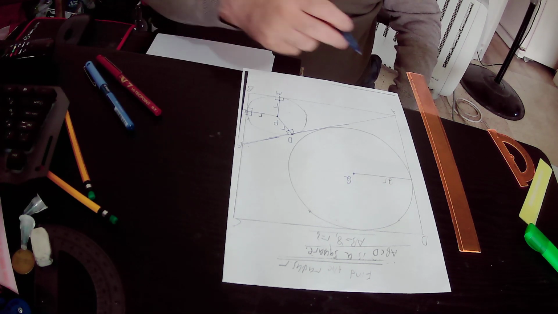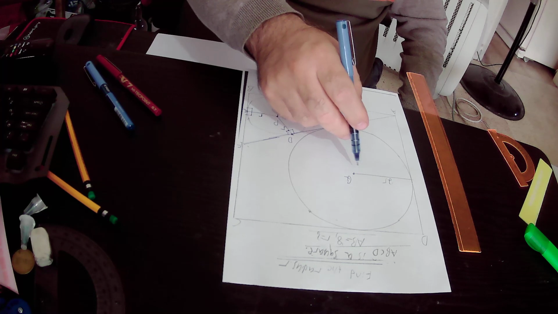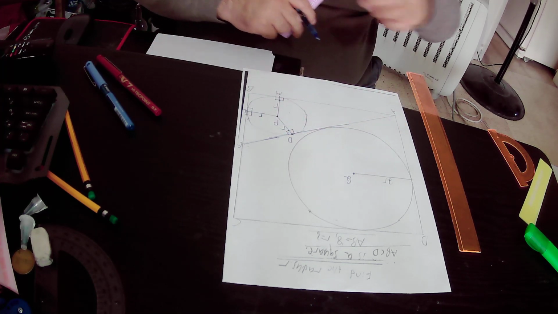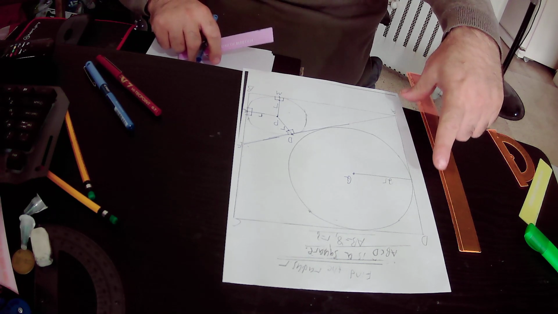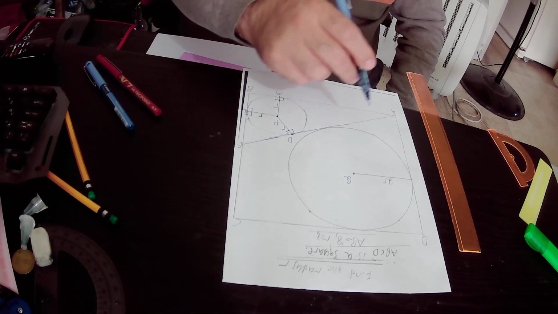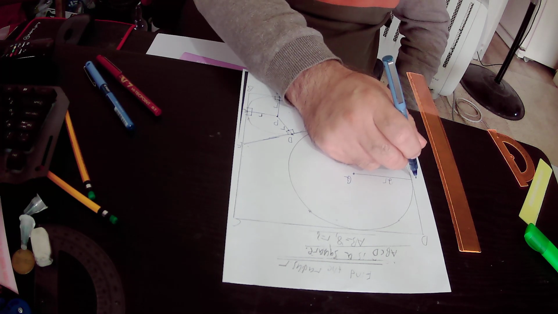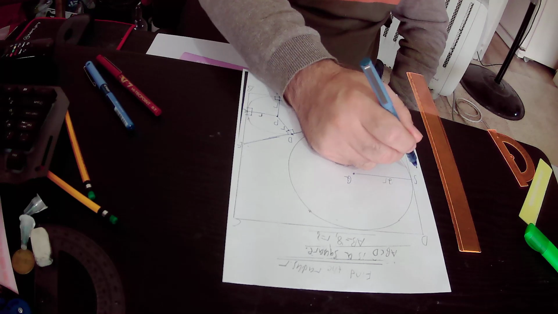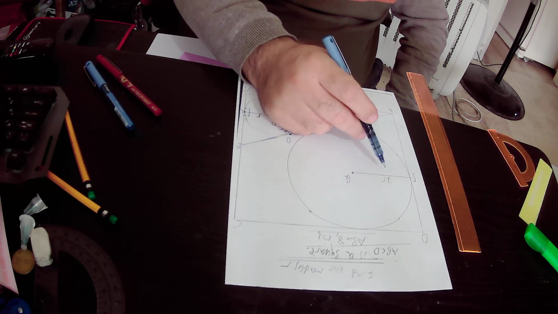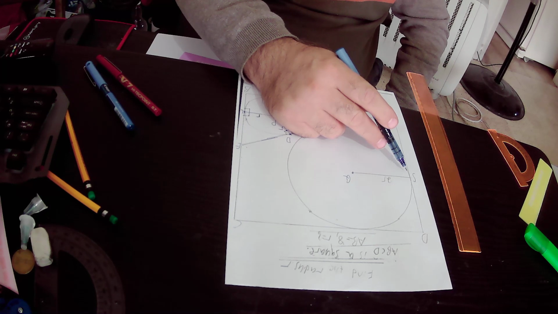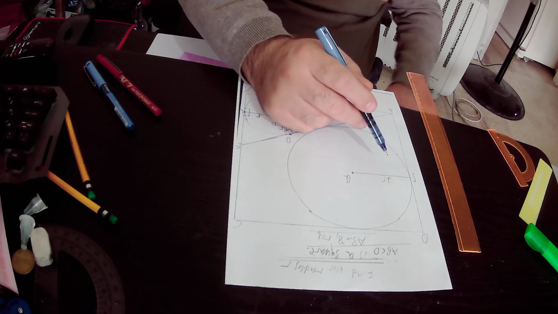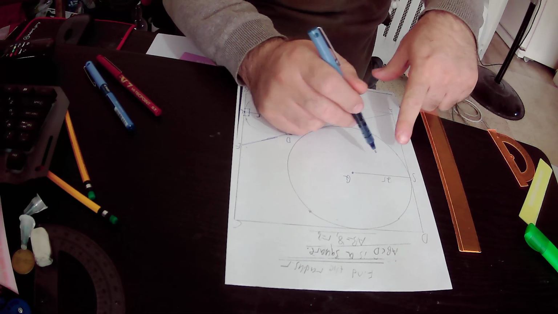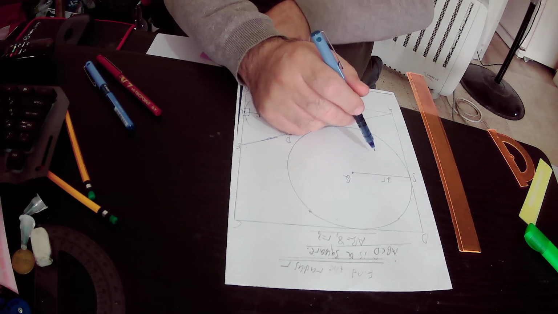And the same thing is true about this radius of the big circle. Actually, the tangent AD is tangent to the big circle at this point. Let's define this point as point S. So we have here this radius that is drawn to the point of tangency, that is to say to point S. Therefore, the tangent AD is perpendicular to this radius that is drawn to the point of tangency.